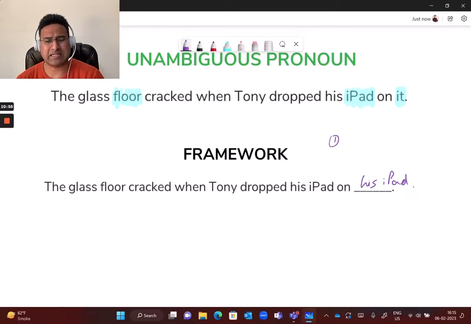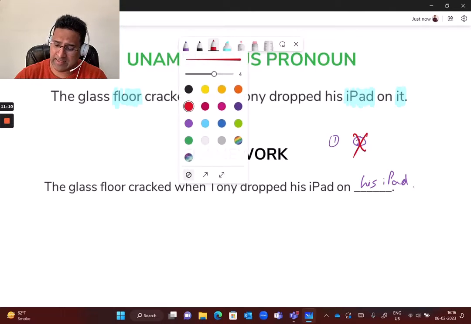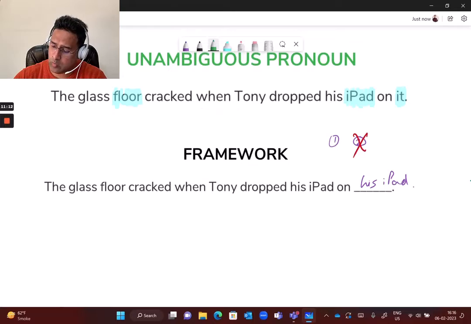Does that make any sense? How do you drop your iPad on your iPad? Clearly that's absurd. So the second case has no sense whatsoever. This means that this sentence has only one possible interpretation, and this means that the original sentence was indeed correct and the pronoun has not been used ambiguously.